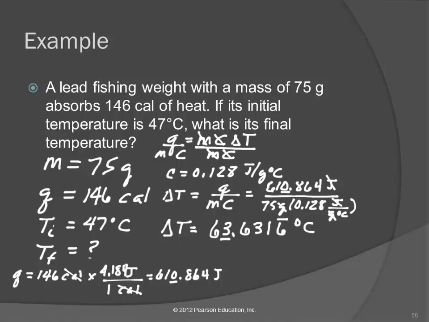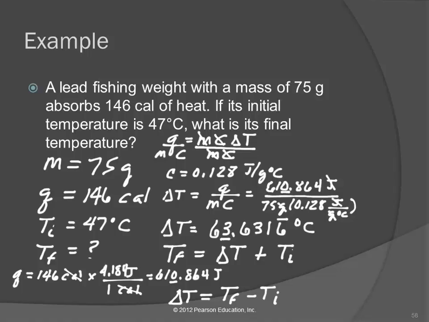So that's our delta T. How do we find the final temperature? Yeah, it's this plus the initial temperature. The final temperature is going to equal the change in temperature plus the initial temperature, because we had delta T equals T final minus T initial.